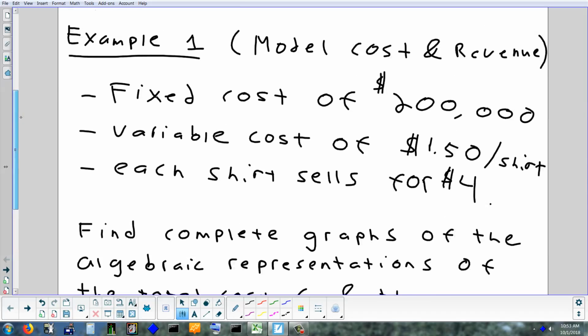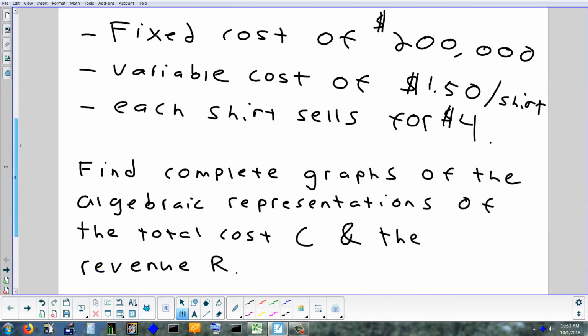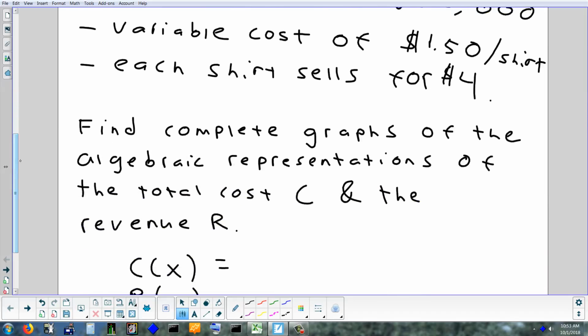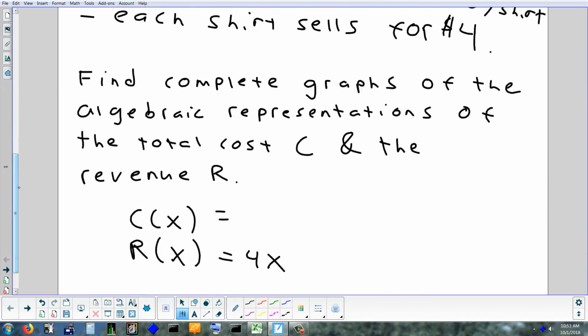Well, we've got two costs, a fixed cost and a variable cost. Let's start with the variable cost. How would we represent the cost of making the shirts, forgetting about the fixed cost for now? What would be my expression? Negative 1.5.